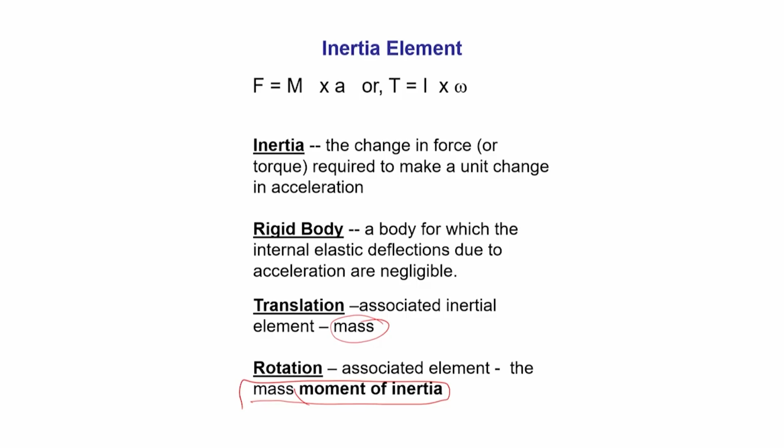For example, the inertia element is a kinetic energy storage system, something similar to what we have done for our flywheels. Then the spring is a potential energy storage system.